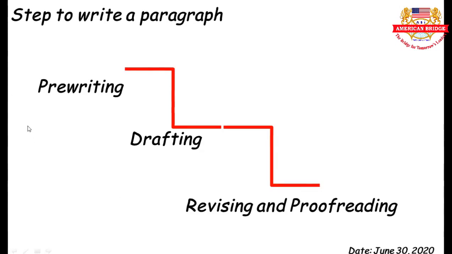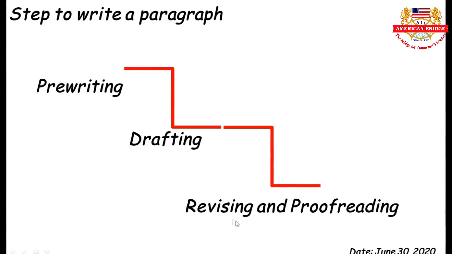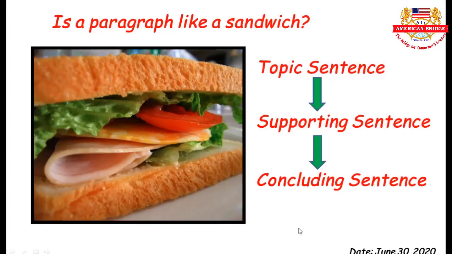Drafting means you try to organize the text together as a paragraph, then you revise it, and proofreading means you have to read it carefully again and check whether there is any mistake with the grammar, spelling, and punctuation. And when you read it again, how do you feel about your paragraph writing? So you can find any mistake when you revise it and do the proofreading.